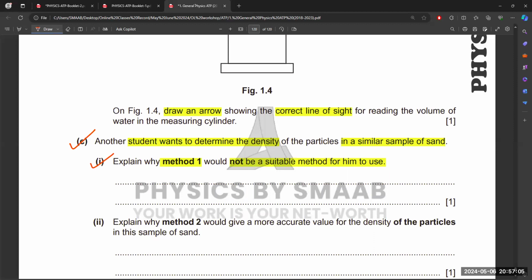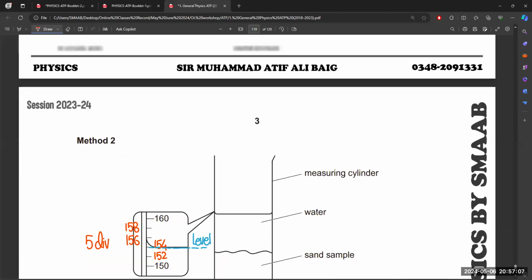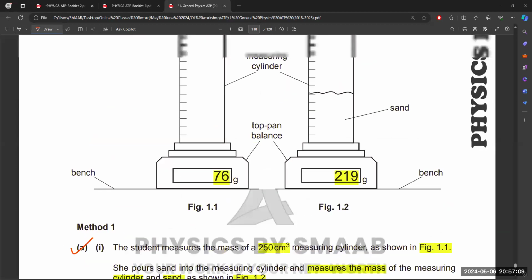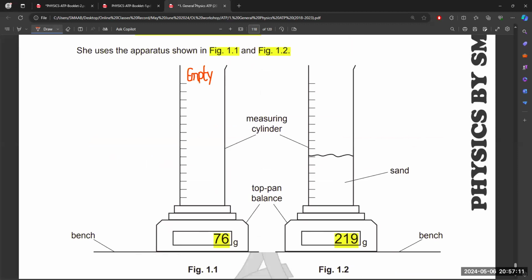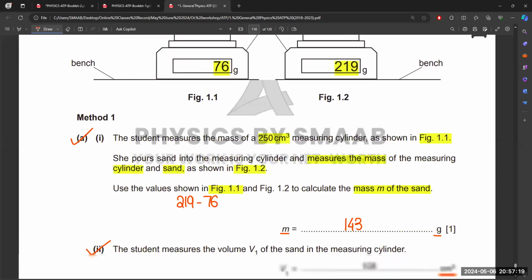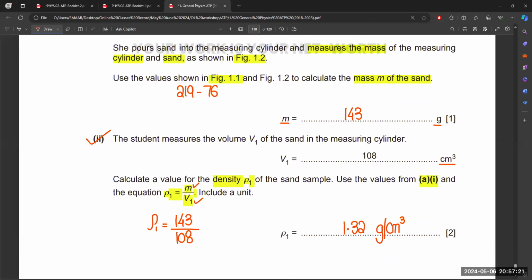So what is method 1? In method 1, we take an empty measuring cylinder, then we add simple sand, and we record the value of mass and the volume, and we apply the formula of density, mass upon volume, right?